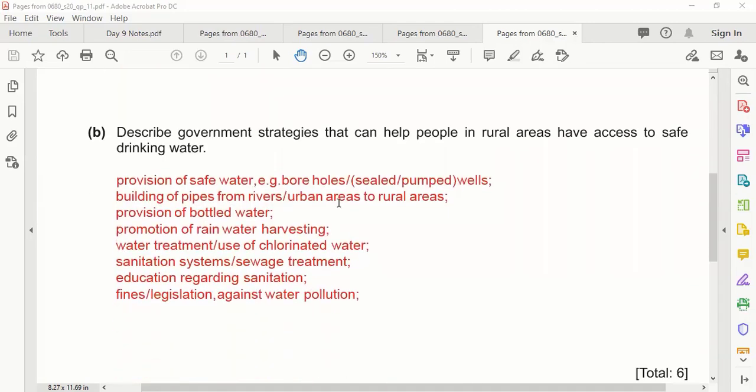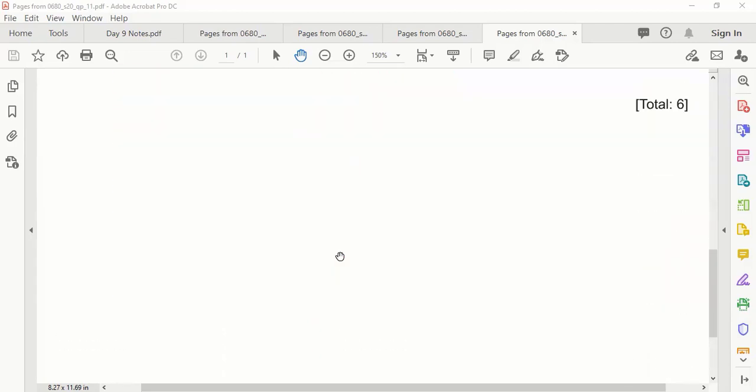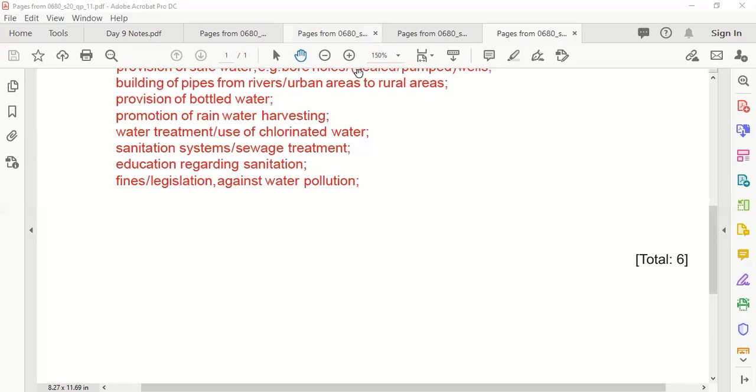A lot of things are there: making wells by digging down, building pipes from rivers, from urban to rural areas, providing bottled water to the people, and water treatment. Understand? Okay.